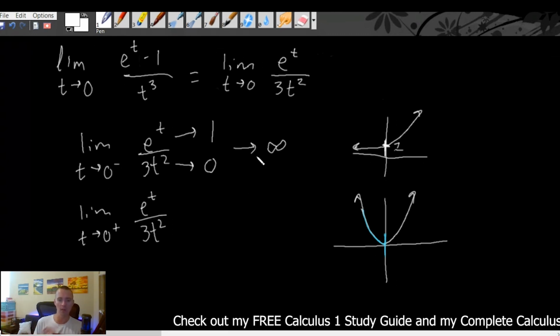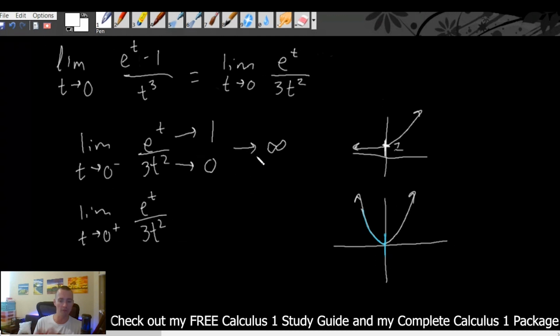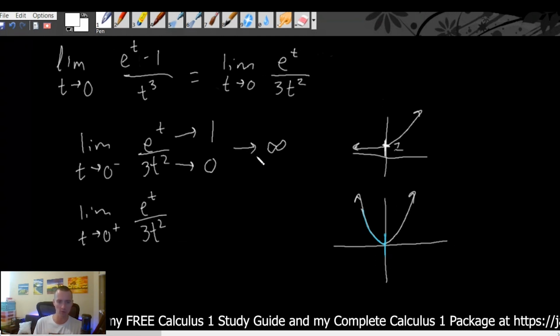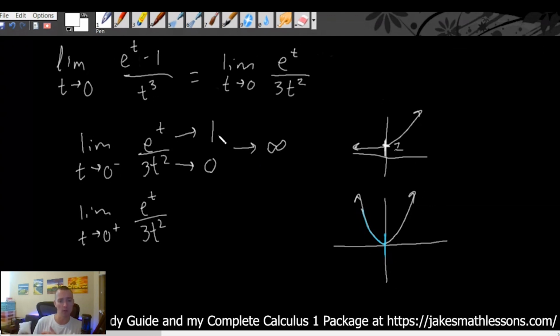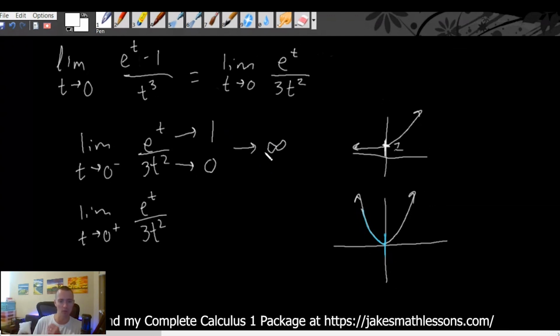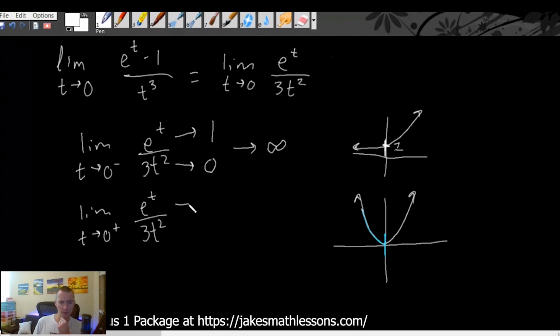Because if our denominator gets closer and closer to 0, we're dividing by a smaller and smaller number, so the fraction as a whole is going to get bigger and bigger. Since we know our numerator is positive, it's going to go to a bigger and bigger positive number, which is infinity.